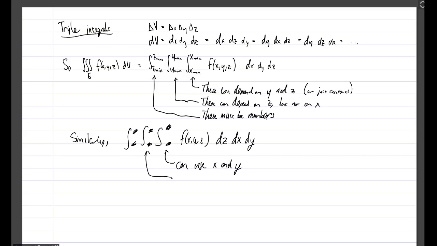Then at this point, when we're on to the x integral, we've now integrated with respect to z. So this can use y because we haven't integrated with respect to y yet, but not z anymore. And then finally, the outermost integral must be numbers only. Let's just say must be numbers. Cannot mention any variables there.